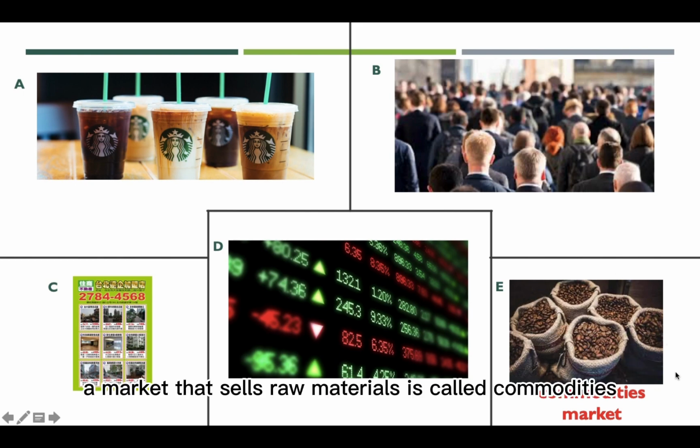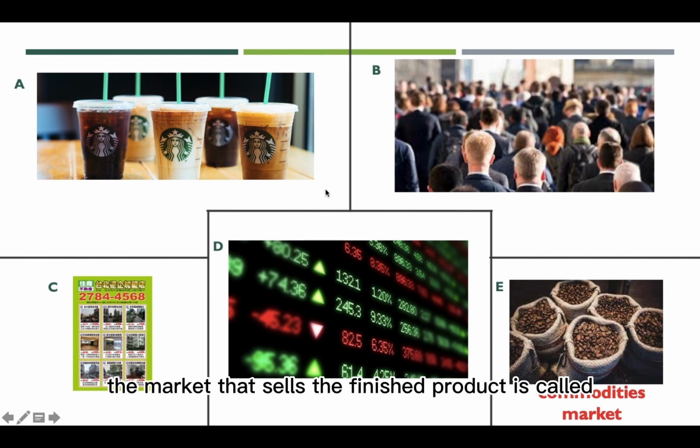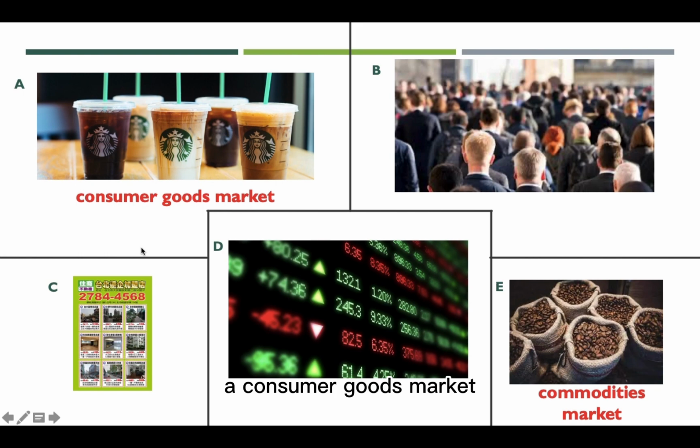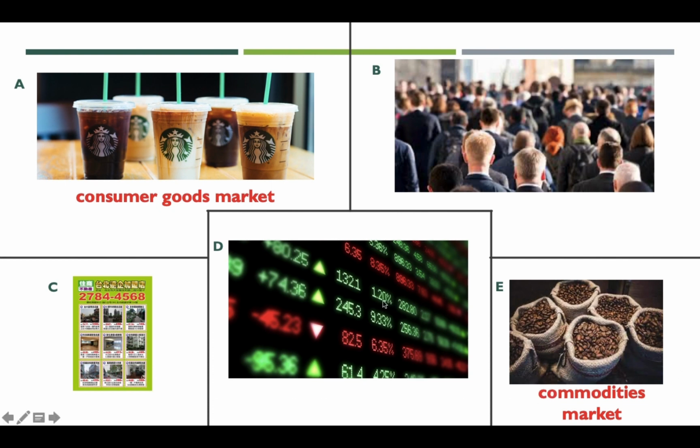So a market that sells raw materials is called a commodities market. And the market that sells the finished product is called a consumer goods market. Okay? So the first thing you need to learn is the difference between commodities market and consumer goods market.